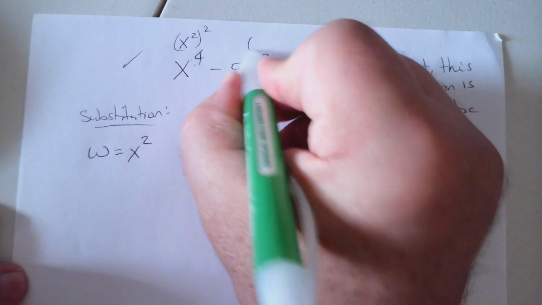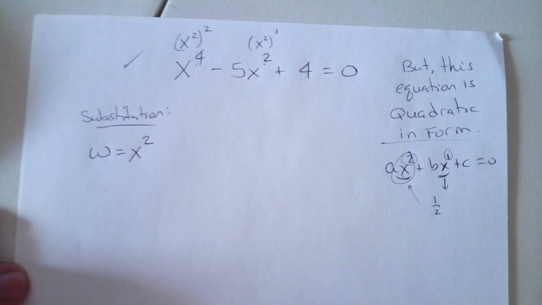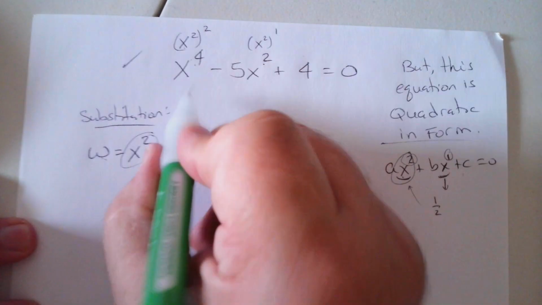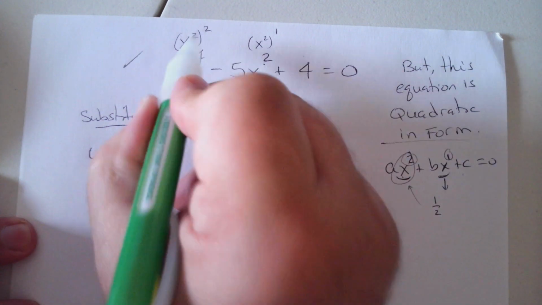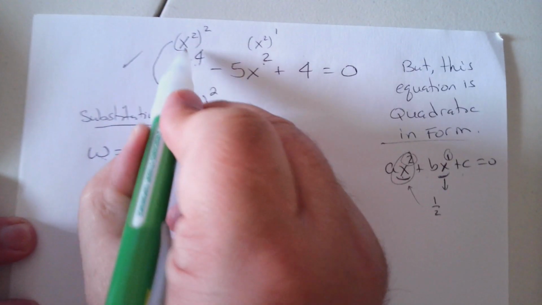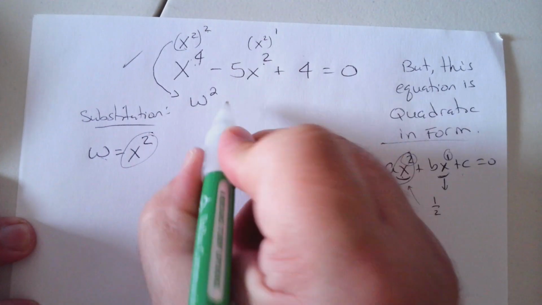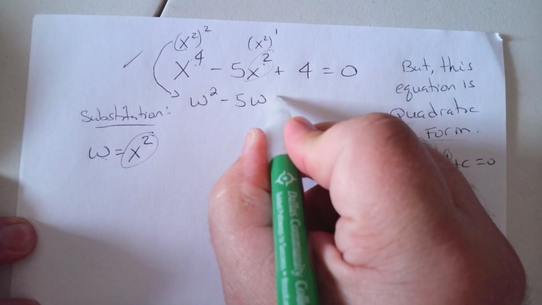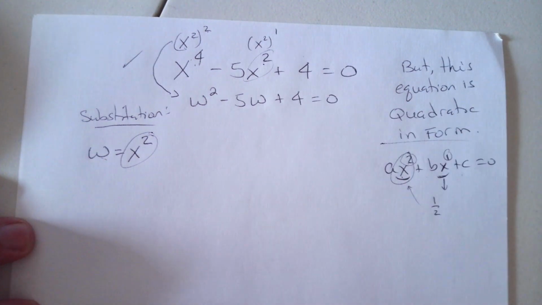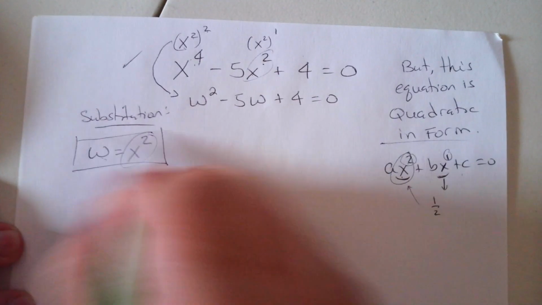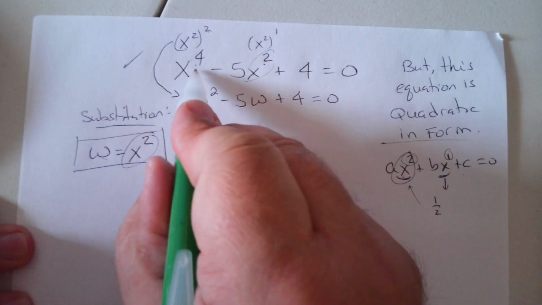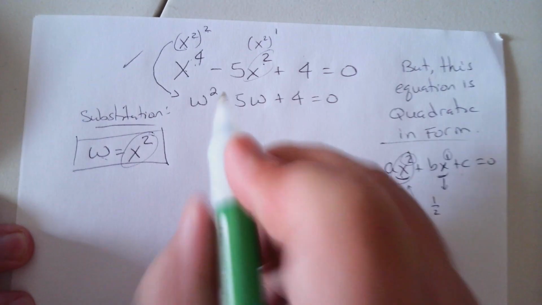X squared is x squared to the 1st power. So, anywhere I see an x squared, I put a w. So I have w squared. This is w. It's the x squared squared. Here's an x squared, so I just put a w. Remember this, we'll come back to this at the end. So now we have an equation that we know what it looks like. It's the same equation, we just changed the way it looks.